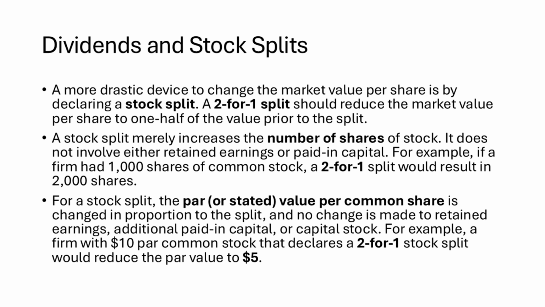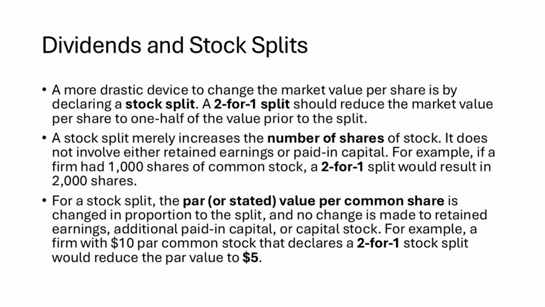For example, if a firm had 1,000 shares of common stock, a 2-for-1 split will result in 2,000 shares. The par value per common share is changed in proportion to the split, and no change is made to retained earnings, additional paid-in capital, or capital stock.